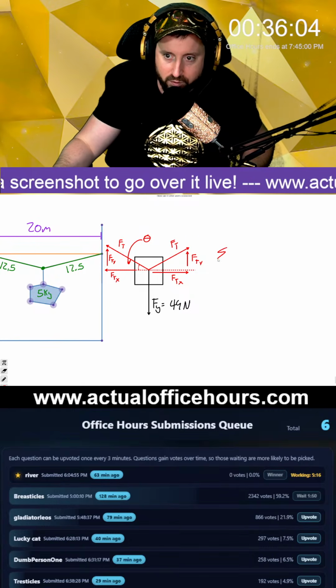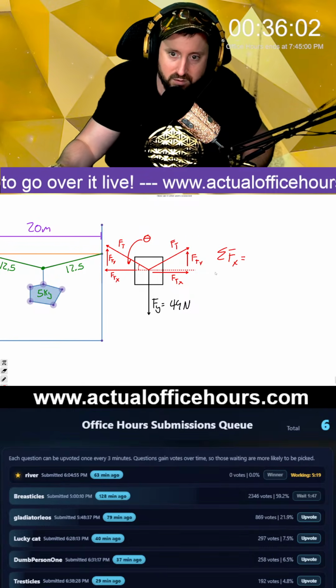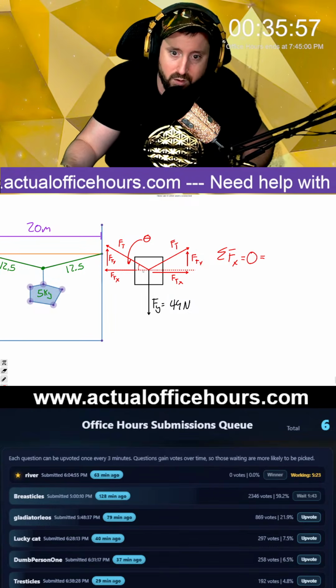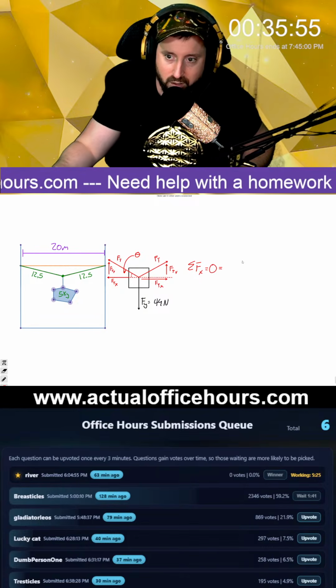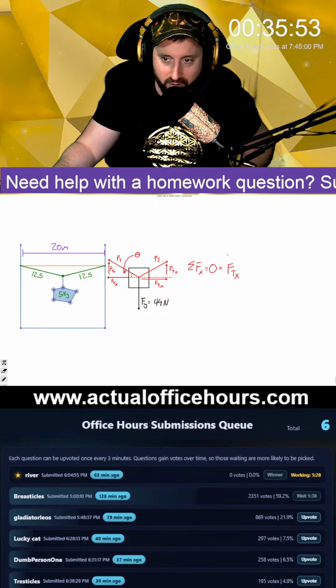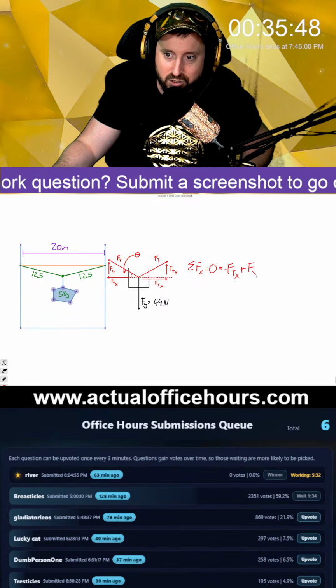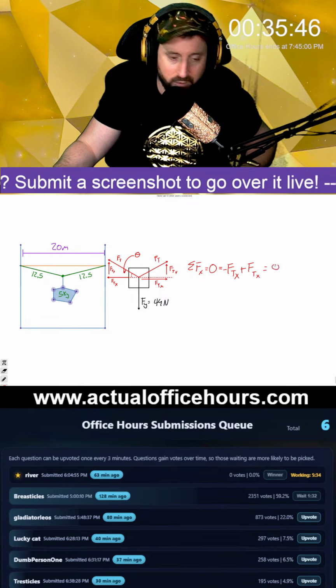Then you sum the forces in the x direction, and because it's at equilibrium, the sum of the forces is equal to 0. So negative FTX to the left plus FTX to the right equals 0.